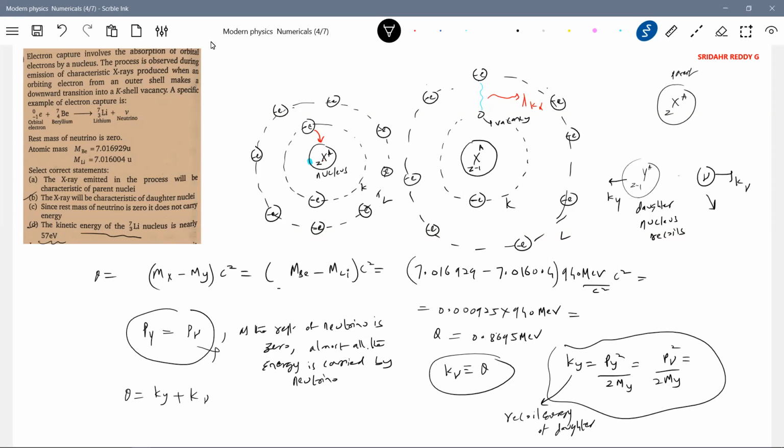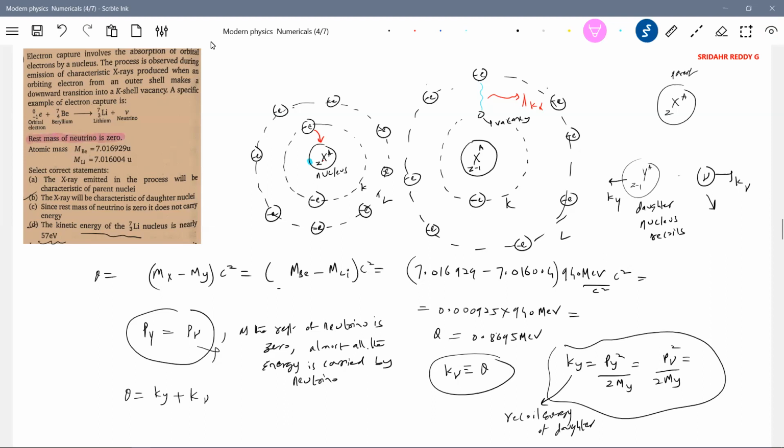From where did I pick that up? Let me check the data once. Recoil energy of the daughter. Any data is missing? Rest mass of neutrino is 0. Yes, clearly mentioned. So we can't.